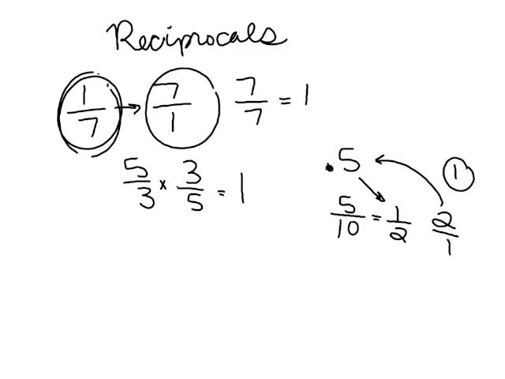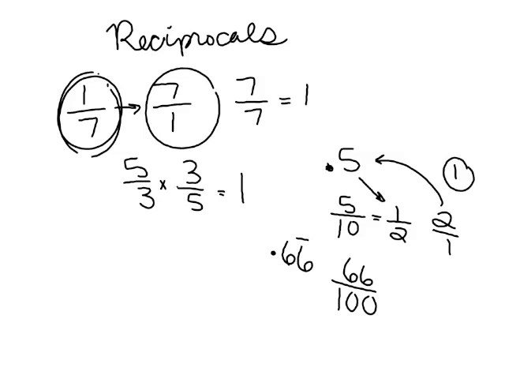What if I have 0.66 on forever? How do I turn that into a fraction? So how many places are after the decimal? 2. So how many zeros do I need? 2. So that turns into 66 over 100. So let's simplify down.